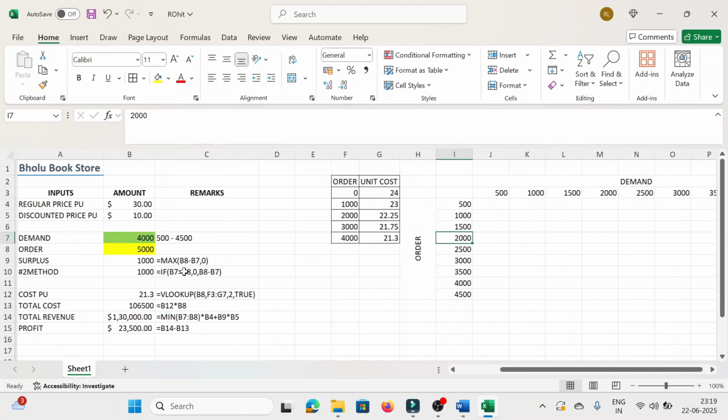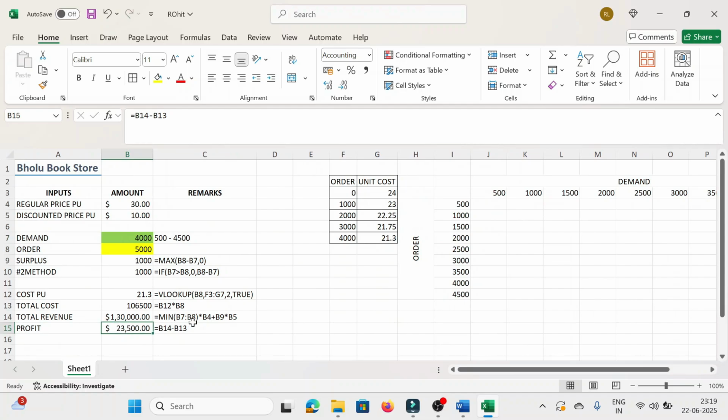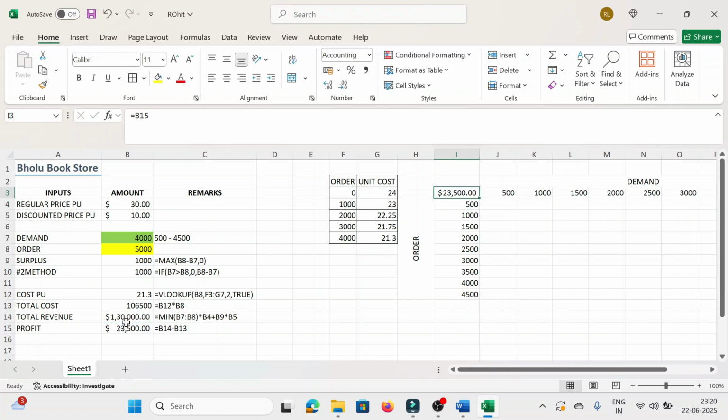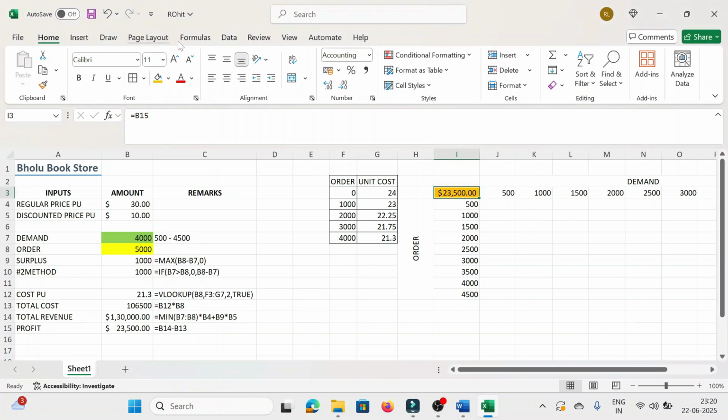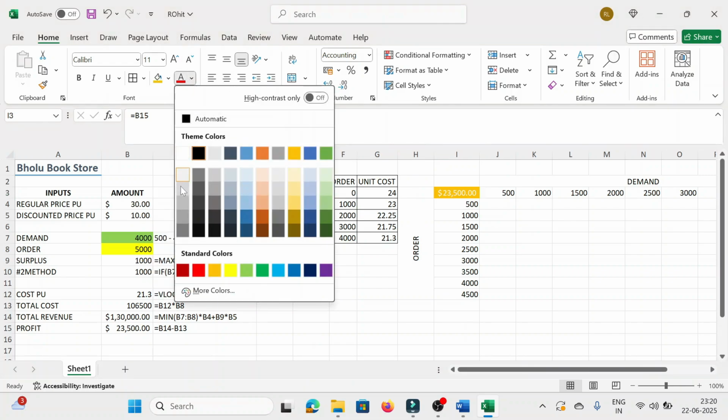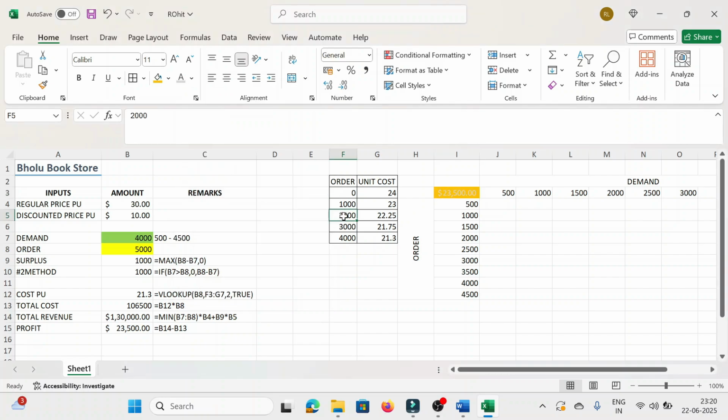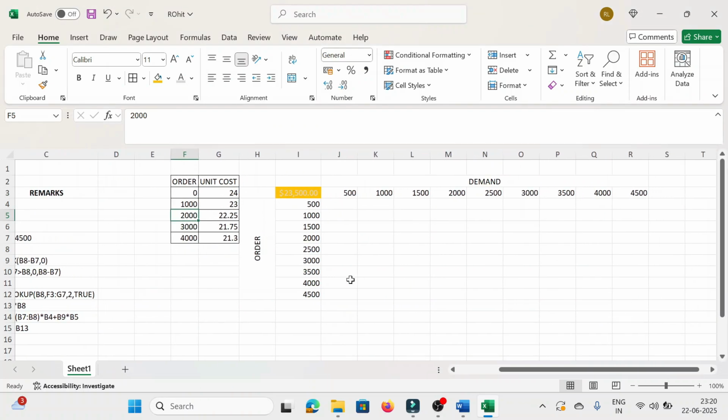Now I am just taking profit as my ghost cell. So here I will write equal to this value because I want to make this table. So I will just highlight this cell with orange and I will make this text ghost text. Okay, so this is my profit.